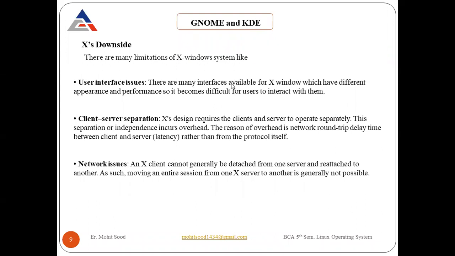So basically, in this lecture, we will discuss various desktops available in a Linux operating system. GNOME and KDE are very important for the Linux operating system because they provide a graphical user interface environment to Linux, like the Windows operating system.